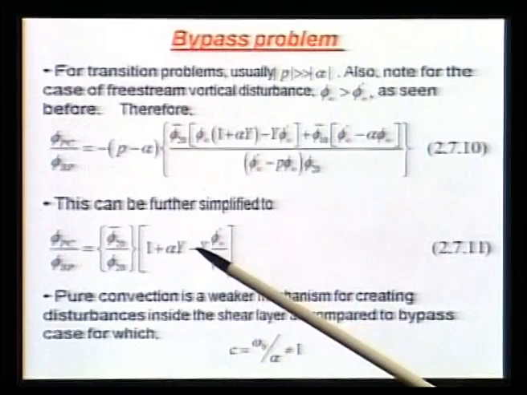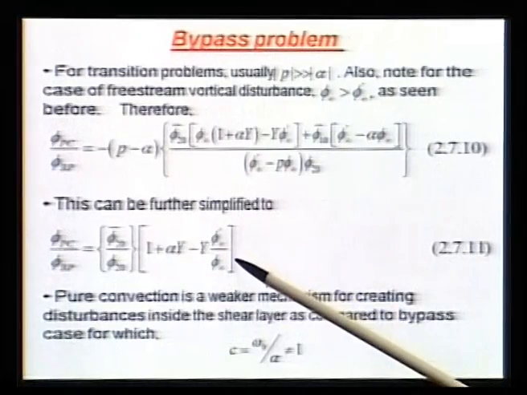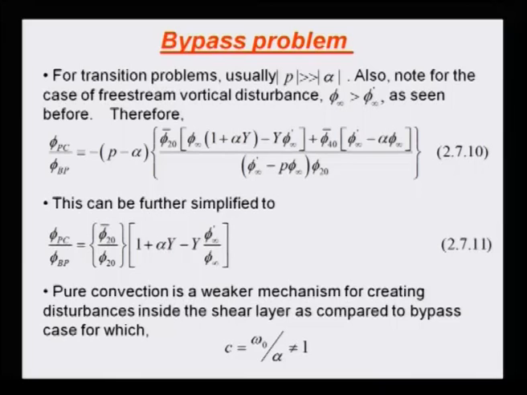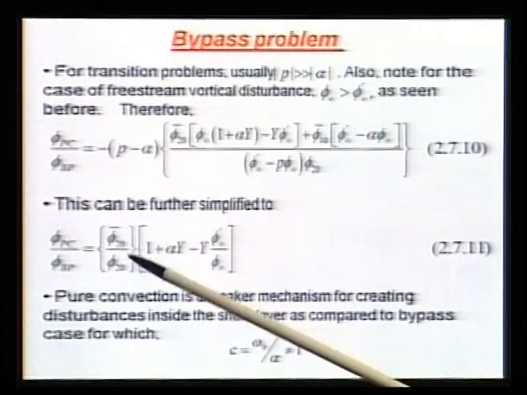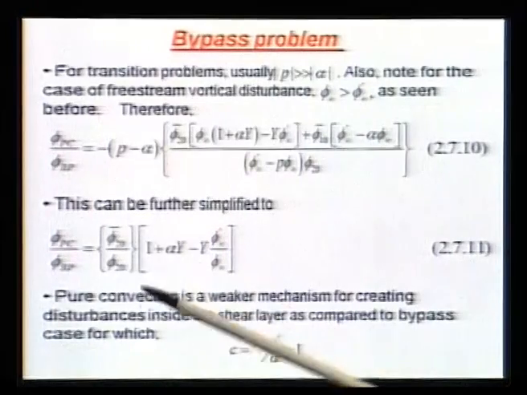We can see that y is large, so this ratio is small. So this can be neglected in comparison to 1 plus alpha y. Despite the fact that y is large, alphas are still very small. We know we are looking at an asymptotic solution. We also do not know what happens to those free stream modes at the wall, right? This is the inviscid path.